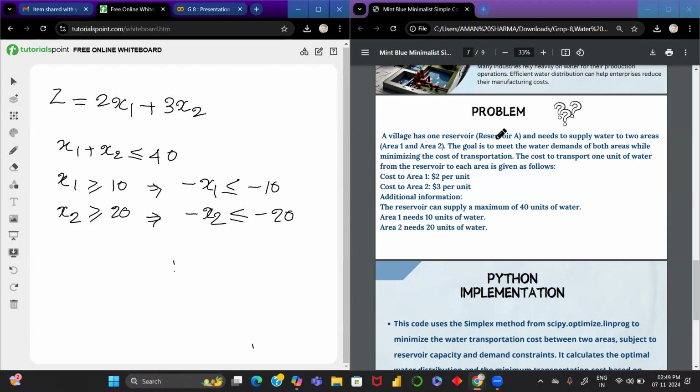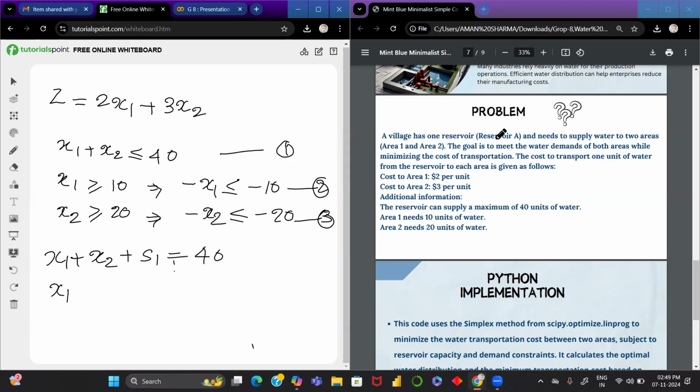To convert these inequalities to equality constraints, we introduce slack variables, for equations 1, 2, and 3. Equation 1 will become x1 plus x2 plus s1 equal to 40.